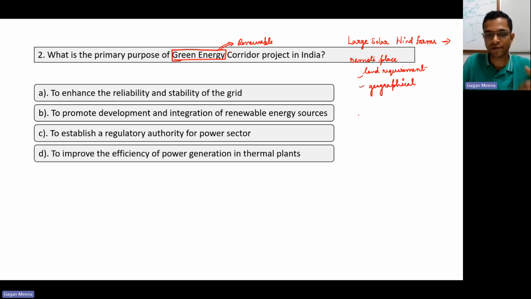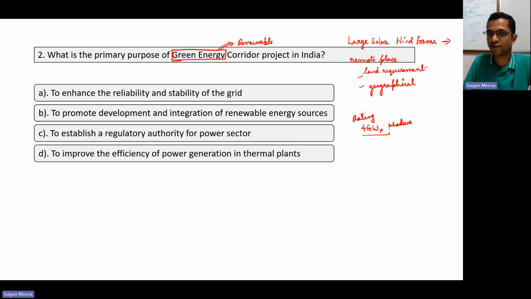We build plants in these areas, and because they are in remote areas, we need to connect them to the grid, and they require a transmission line because we are generating a very huge amount from these farms. One solar farm which is being built is in Khadwa, Rajasthan. Its rated capacity is 4 gigawatt peak.